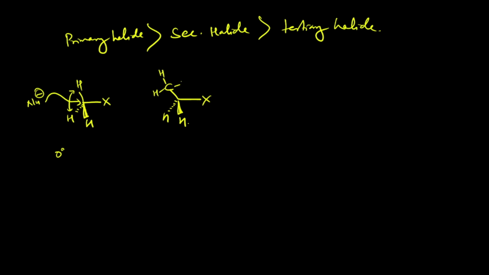Space is there, but here the space is this much, and here the space is less. So the nucleophile will attack through this side, correct? So space is a little bit less. So this is primary.